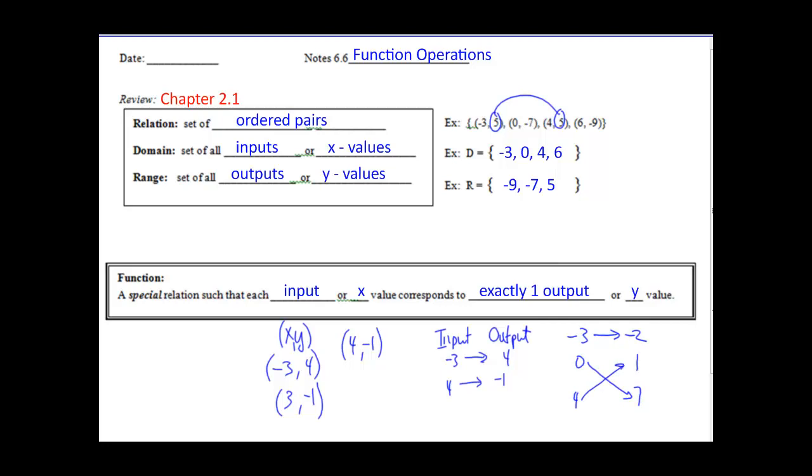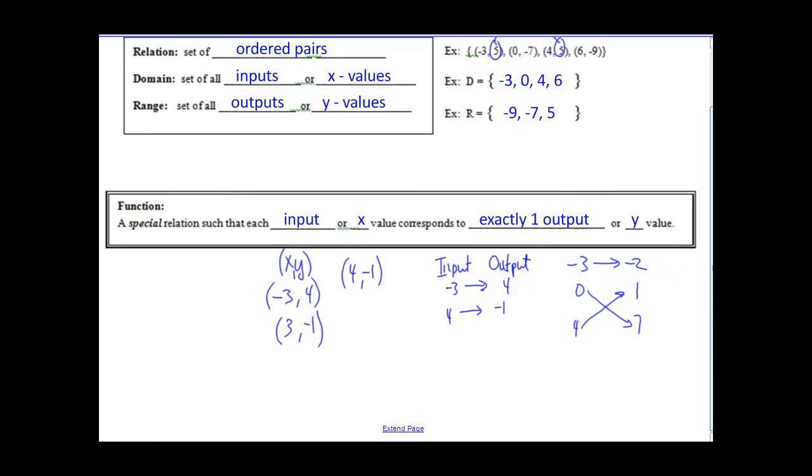So that is a function also. The problem becomes if we have points 4, -1, 8, 6, 1, -1, and 4, 1. Because of this 4 and that 4, they're the same x's. They should only have one y, and we have -1 and 1. So this is not a function.